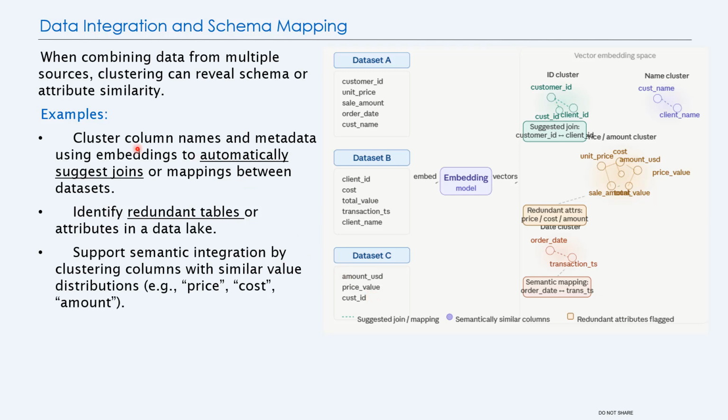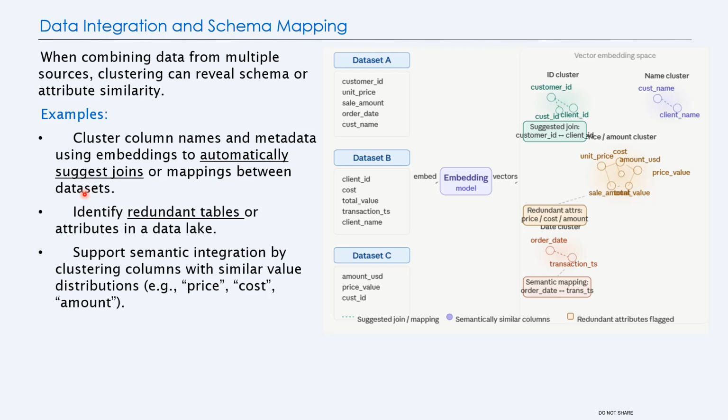So for example, if we are able to cluster these data vectors, we might find that we can generate an ID cluster which contains customer ID and client ID, which may mean the same thing, or a name cluster where the customer name and the client name may be the same thing, and the price cluster, which indicates things within the price, and some redundant attributes, price, cost, amount, and a date cluster, order date, and the transaction.